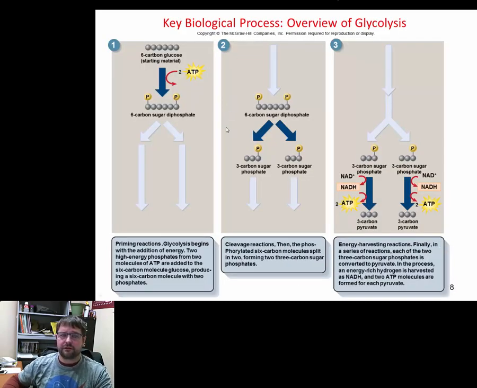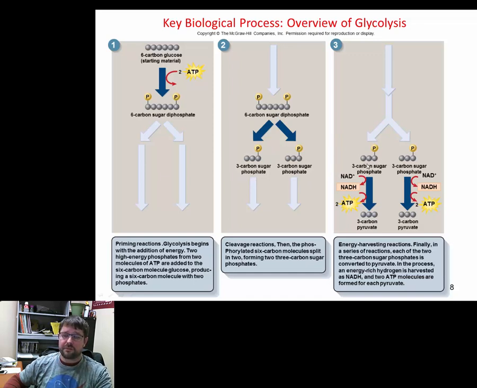So we can look at glycolysis again, in a nutshell. You get glucose coming in, and it gets phosphorylated by the expenditure of 2 ATP molecules. Two phosphates get attached, so you now have a 6-carbon sugar diphosphate. That 6-carbon sugar diphosphate is split, and you get a 3-carbon sugar phosphate, 2 molecules of it.